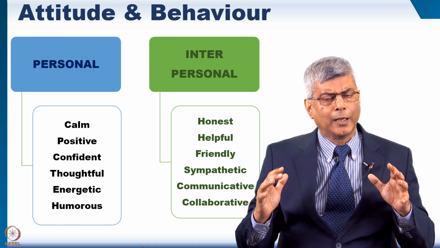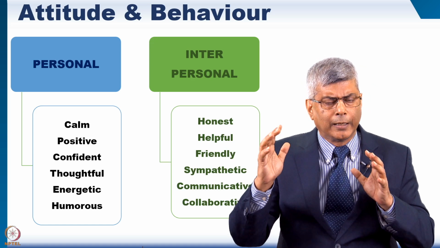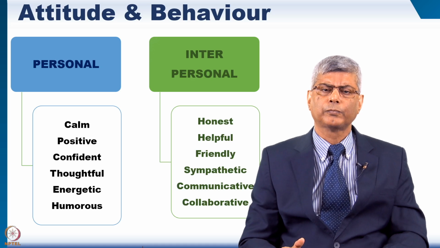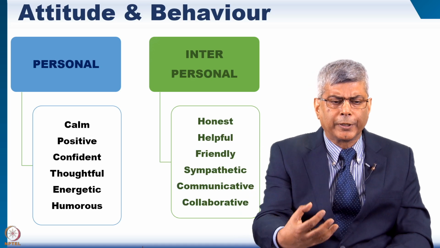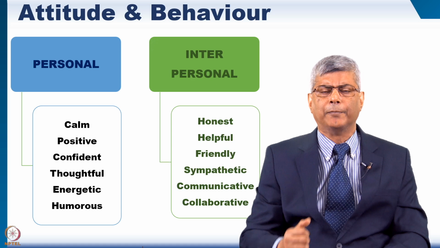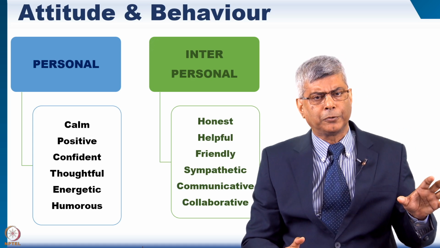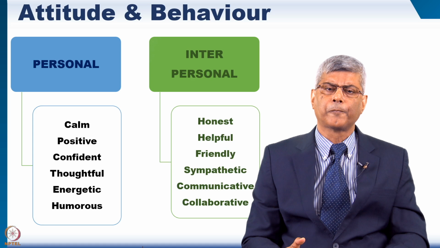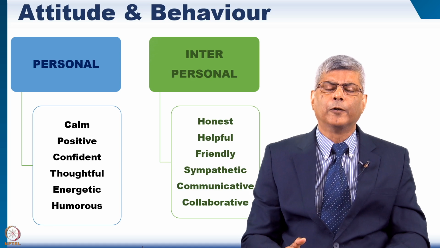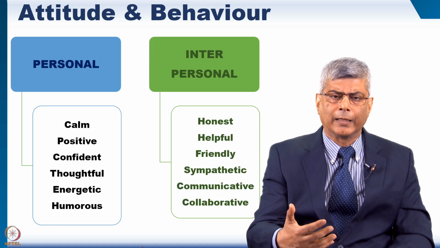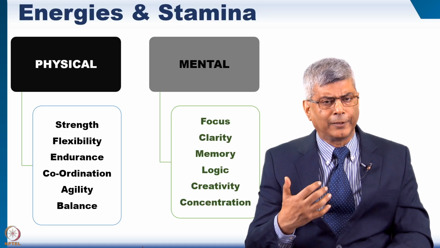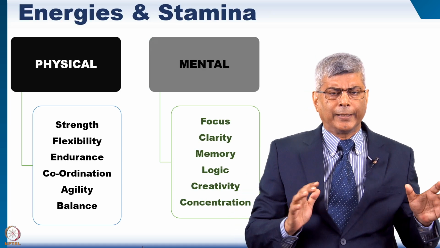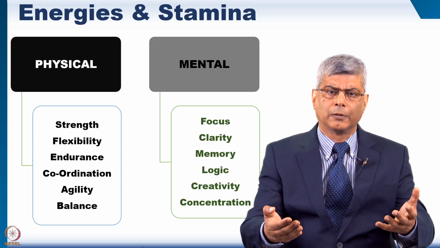If you're always pessimistic, which means you think negatively all the time, it will start showing up in your external behavior. So if you have a negative attitude, chances are you'll have a negative behavior. So these are the attributes that you may wish to develop. And the last part of it is energy and stamina. How far can you go?